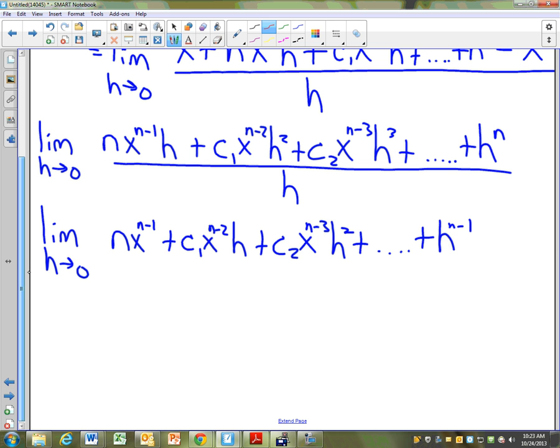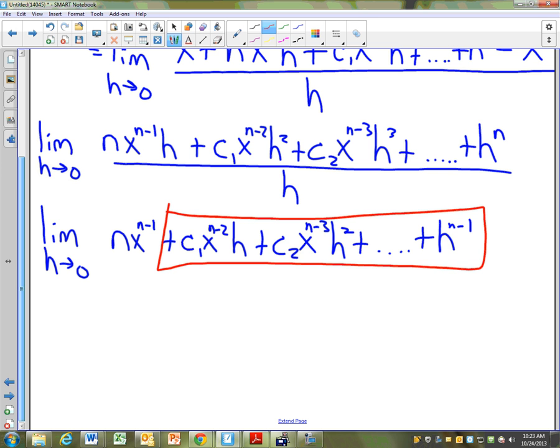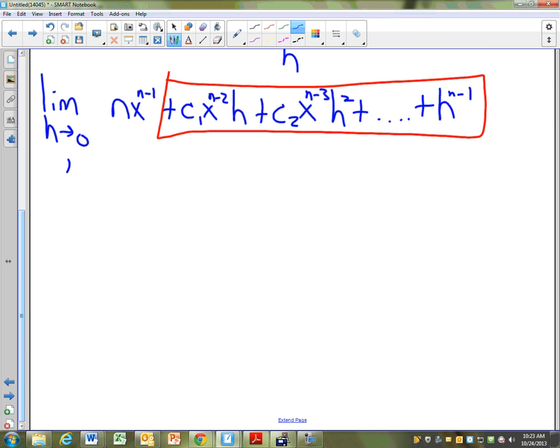And if I plug 0 in for h, all of these have an h, right? And if all of them have an h, they'll all be 0. And so what we end up with is f prime of x is equal to n times x to the n minus 1.